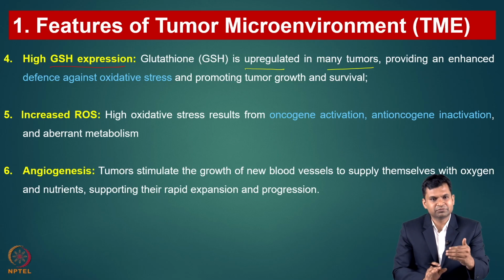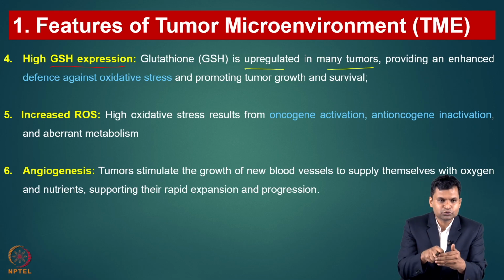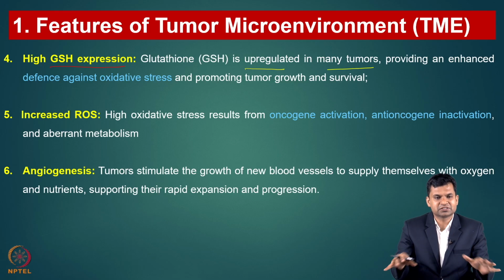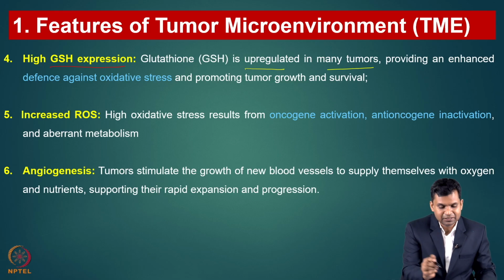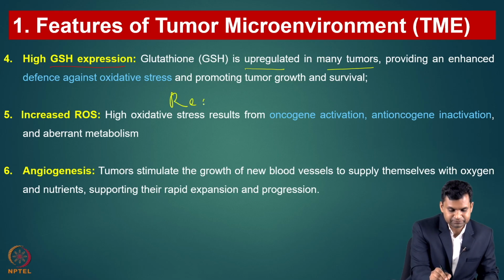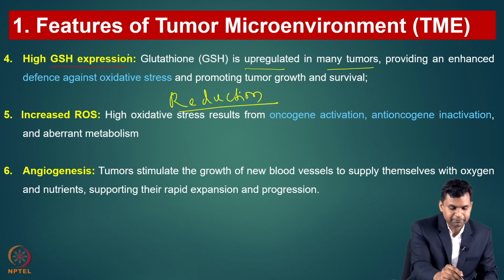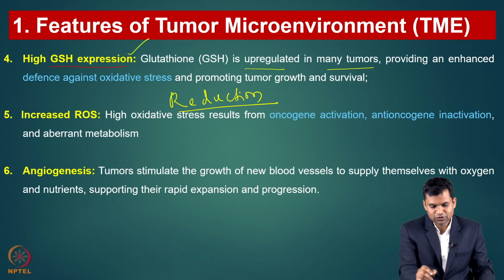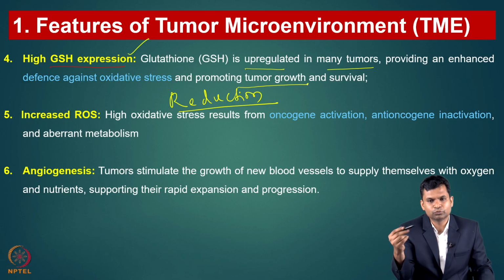To overcome that oxidative stress, your cancer cell should produce glutathione, which reduces the oxidative stress by a reduction mechanism. So, this is very important for the growth of new cells. That leads to tumor growth and then survival.